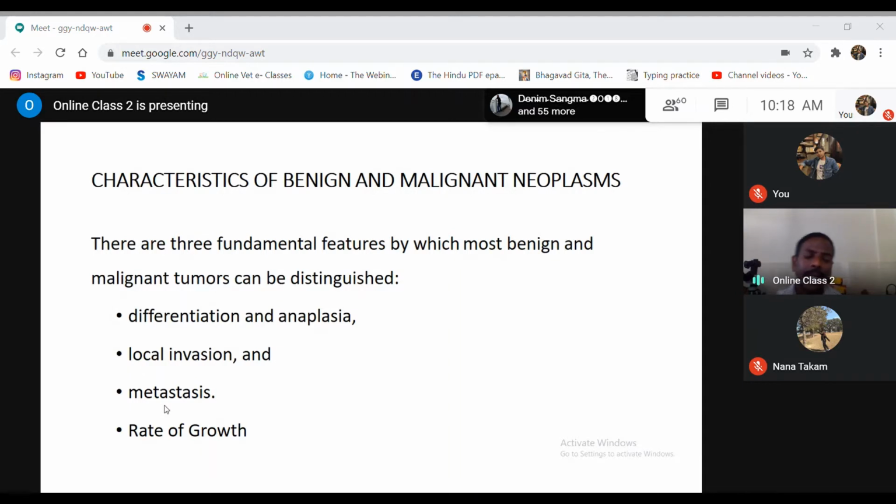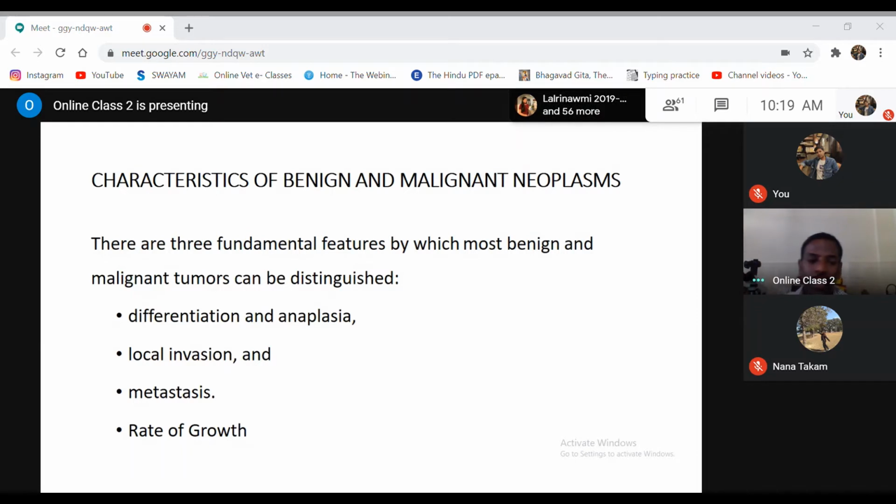Of course, there is another criterion which is called rate of growth. That can also be used for differentiation, but there are some discrepancies in that feature, certain characters which cannot be used as a proper feature for differentiation of benign and malignant tumors.